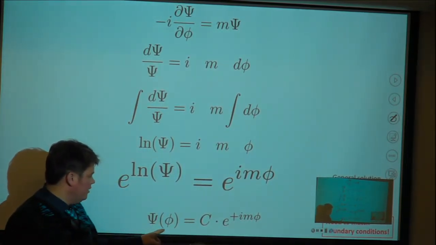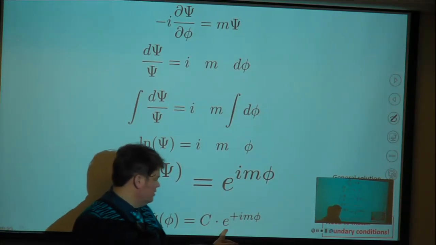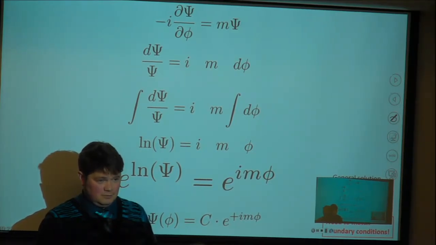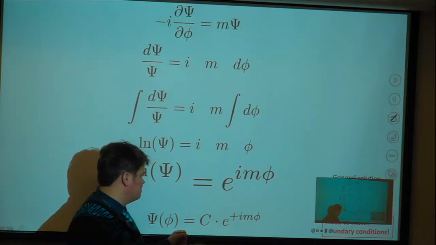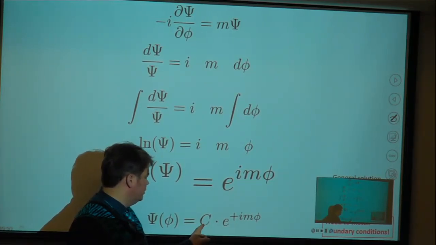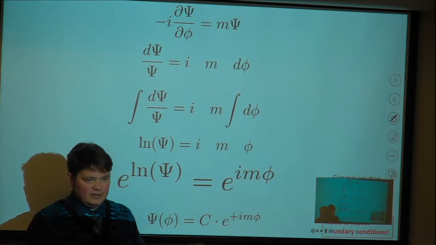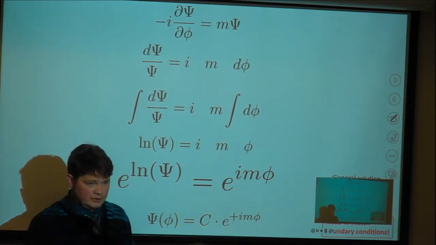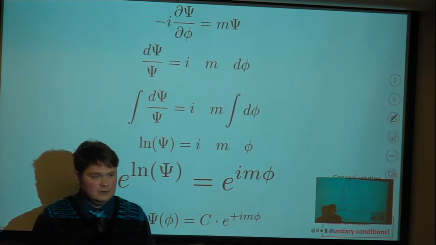So the wave function of the two-dimensional rotator will be your favorite thing that looks like a plane wave, right? The only things that we do not know are what the capital C is and what m is. As soon as we find these coefficients, we will know the eigenfunction of two-dimensional rotation. How do we find C?